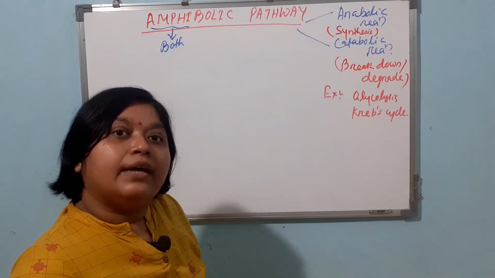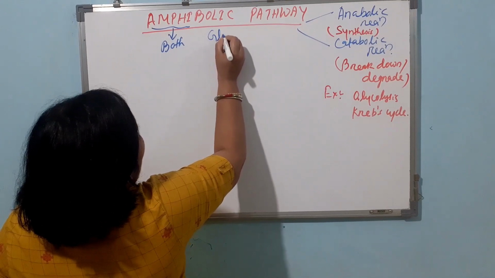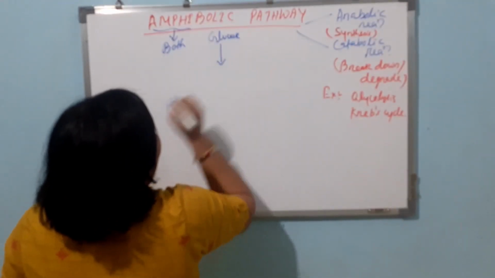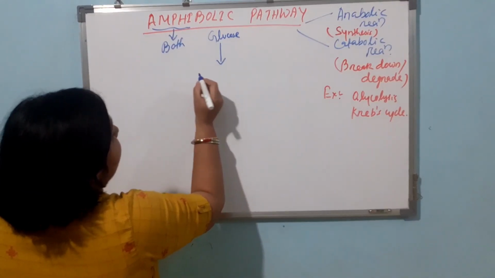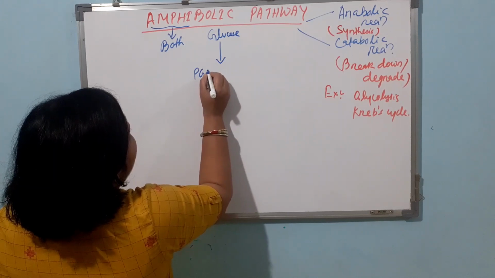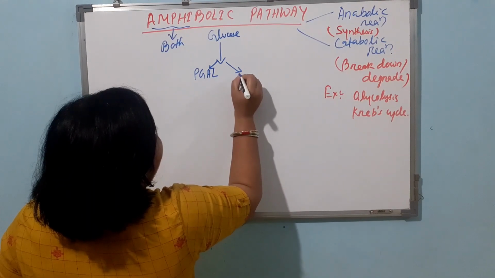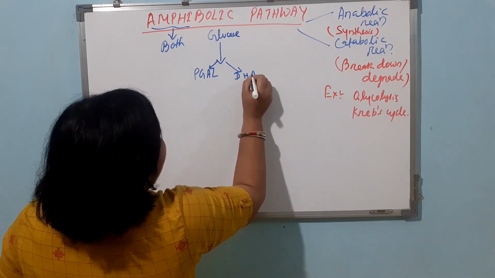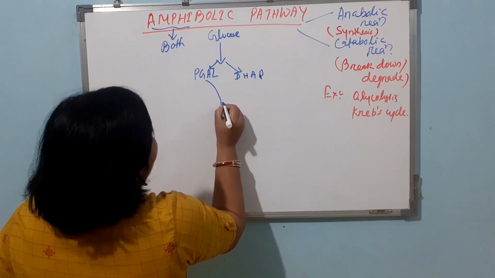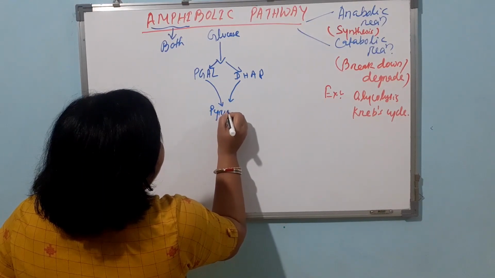In glycolysis, one glucose molecule first splits to form phosphoglyceraldehyde and dihydroxyacetone phosphate. Then both will form pyruvic acid.